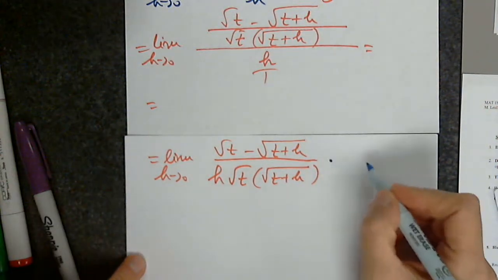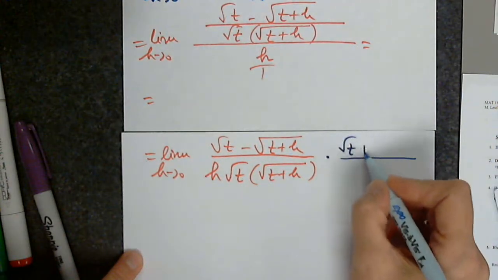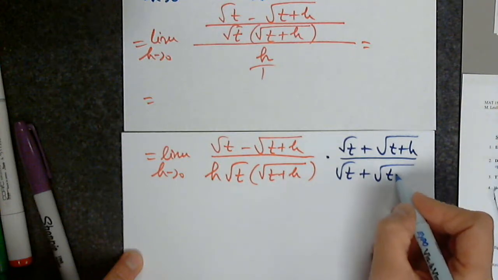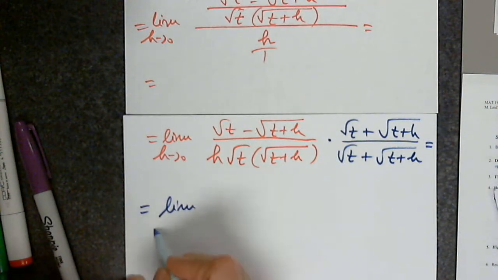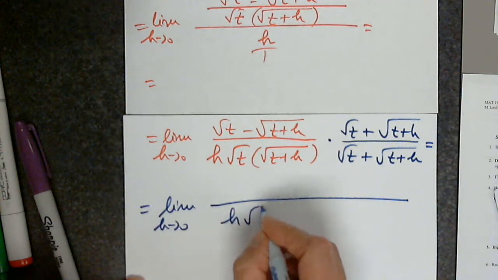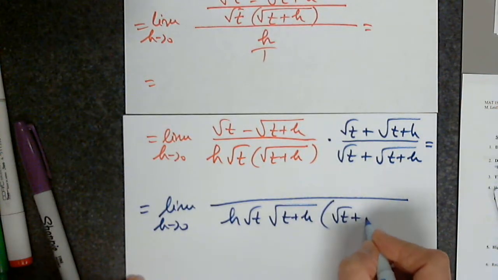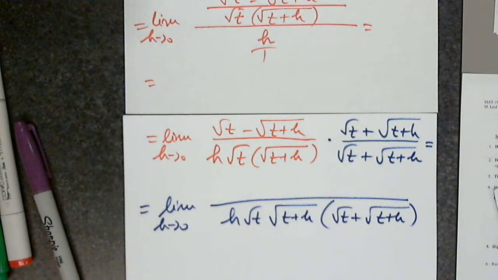Yes. So that would be the square root of t plus the square root of t plus h, the conjugate. Very good. So limit as h approaches 0. I will copy the denominator. And please give me the numerator.